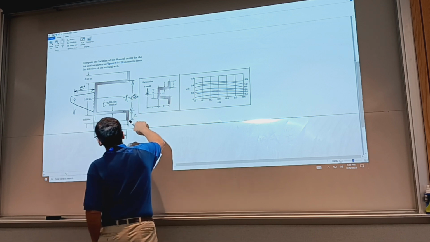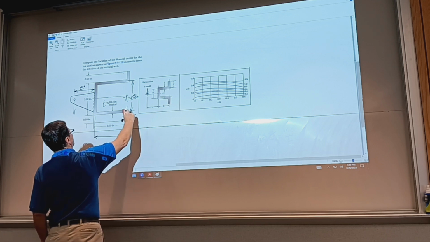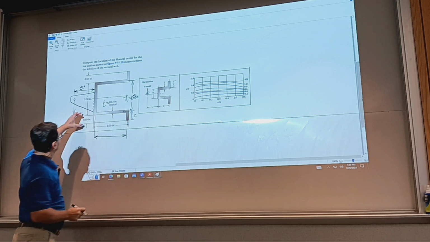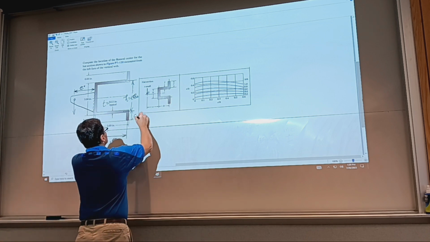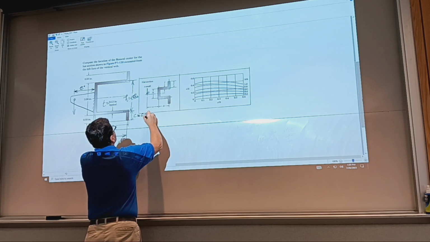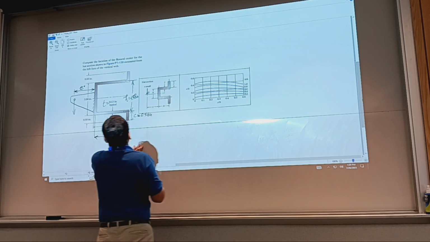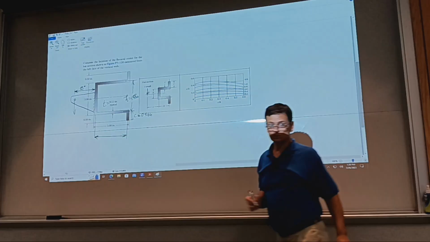For C, I say subtract? Actually, I need to add. So we have this equal 5.5 inches. I need to add half thickness. So this is going to be 0.56 inches. All right, thickness is 0.12. Half thickness would be 0.06.